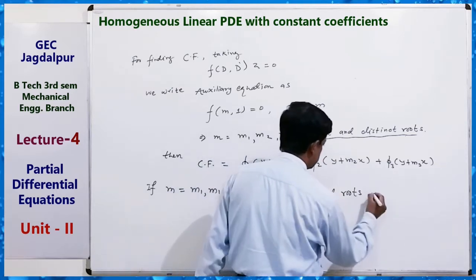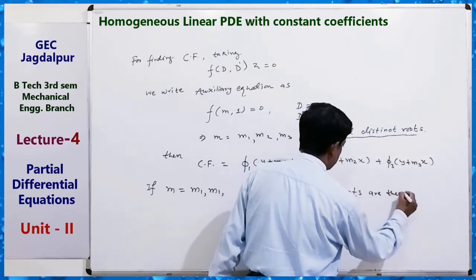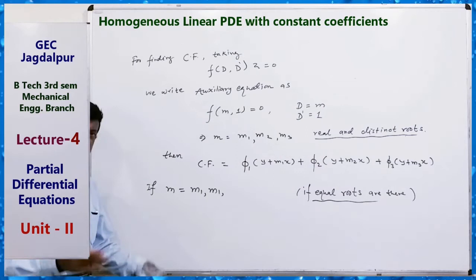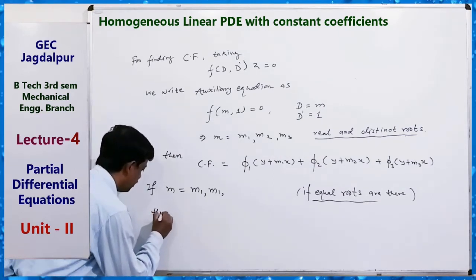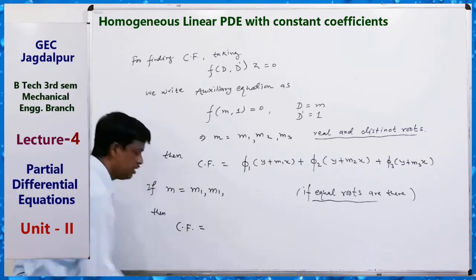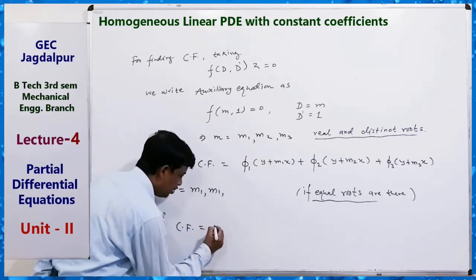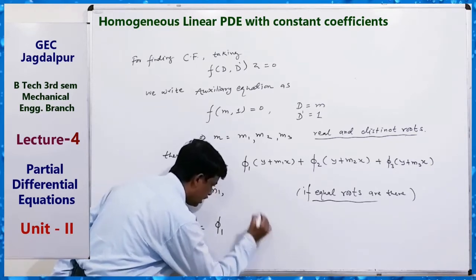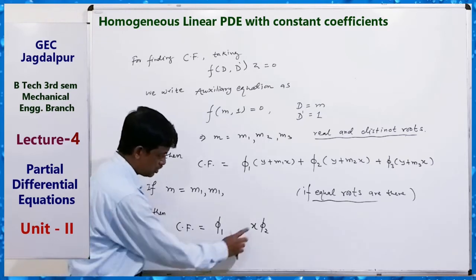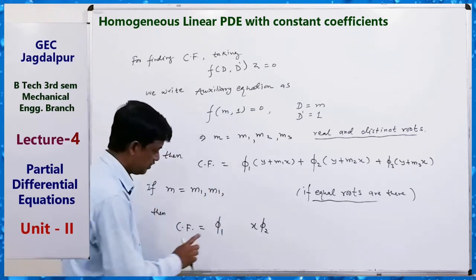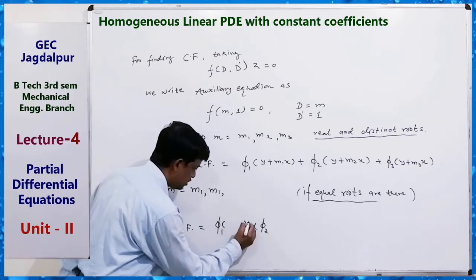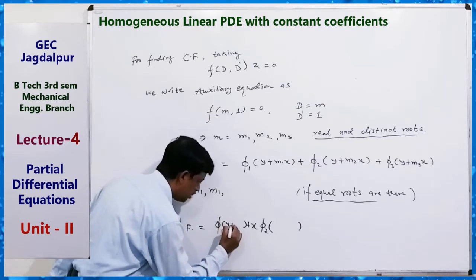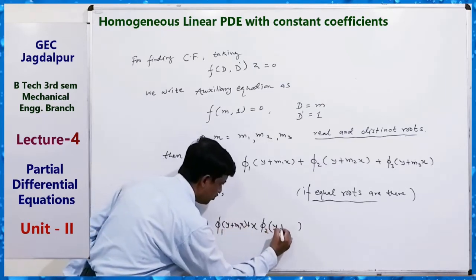Suppose two roots are equal, then how can we write CF? Phi 1, and x times phi 2. Two roots are equal, so x to the power 1 for the second. Phi 1 is made with this, phi 2 is also made with the same value: y plus m1x, y plus m1x.